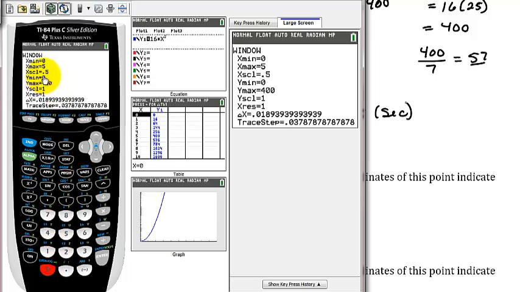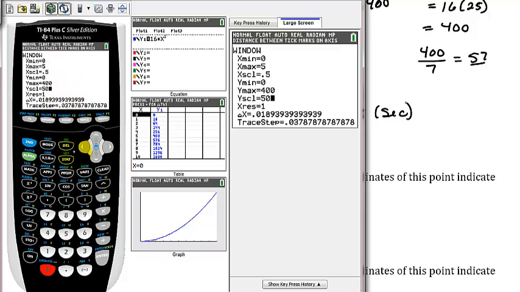And because there's such a big spacing between 0 and 400, you want to change this y scale. Because this would give us 400 little tick marks, and that's just going to be too many. So I would say that 50 would be a good y scale for that, or 25 would be okay as well.